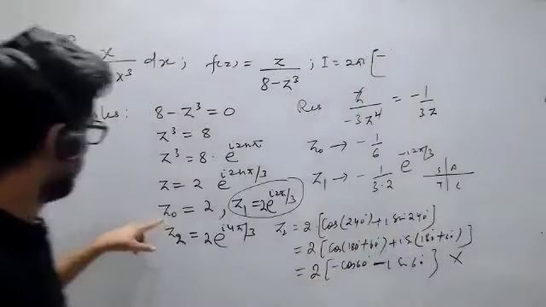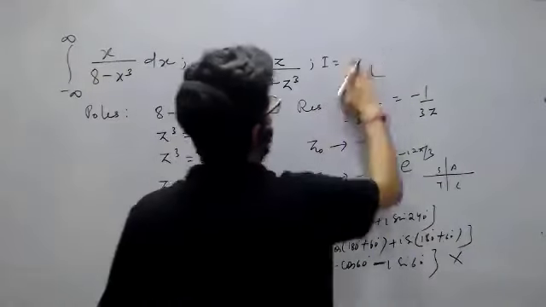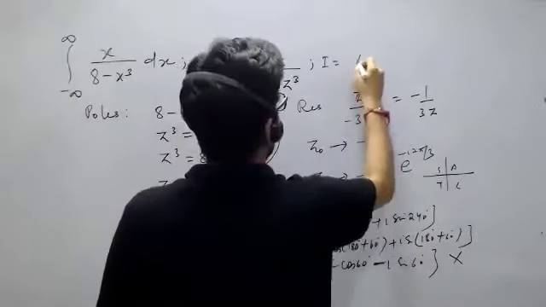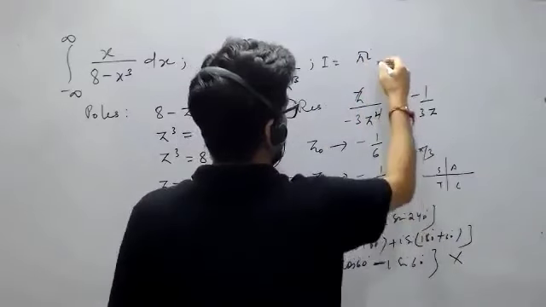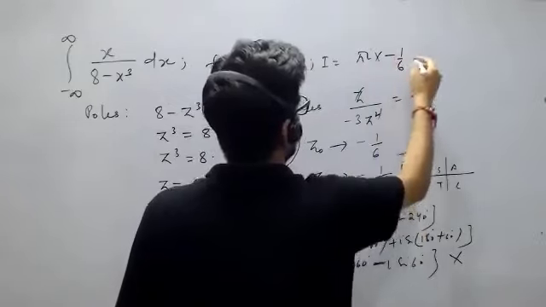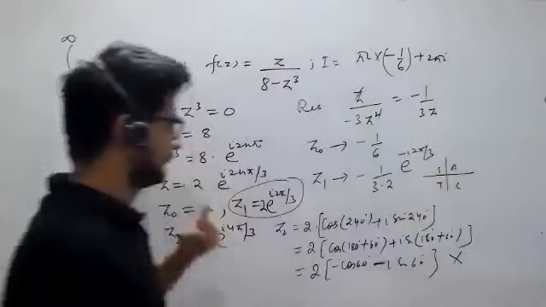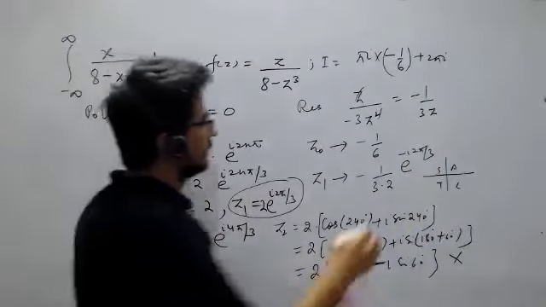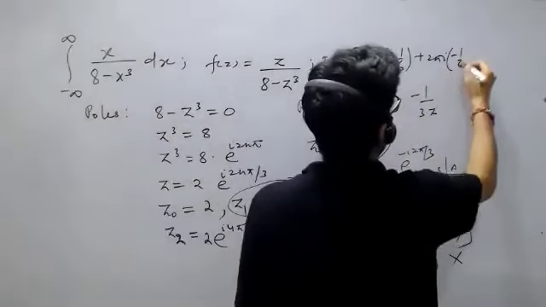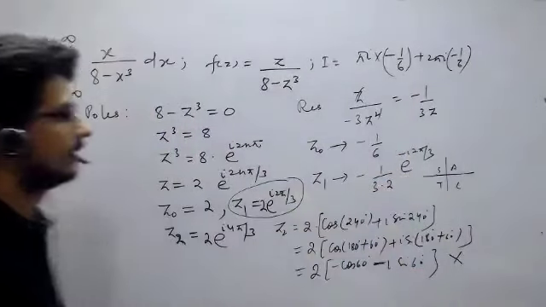What is the first one? Is it 2? First one is 2 pi i, minus 1 by 6, plus 2 pi i and minus 1 by 6. And what is the value here?